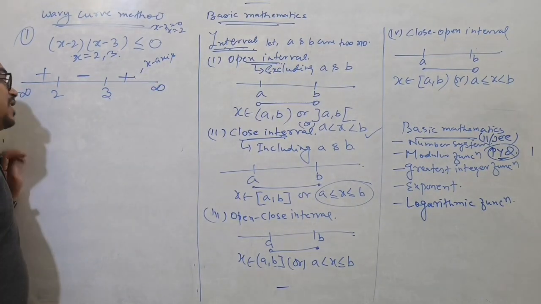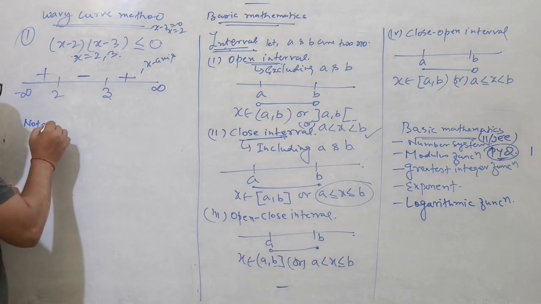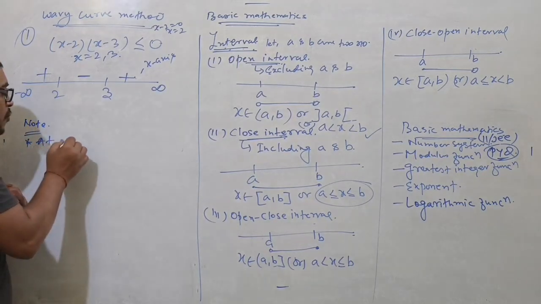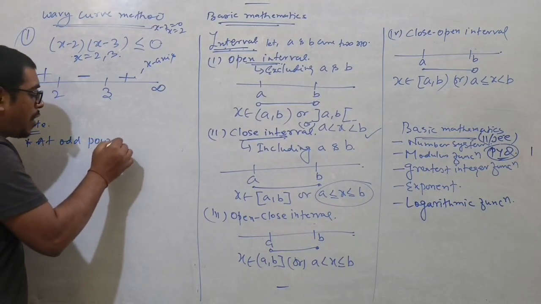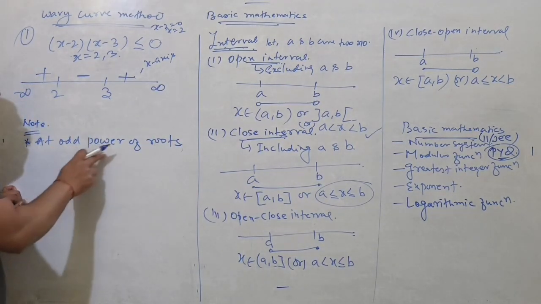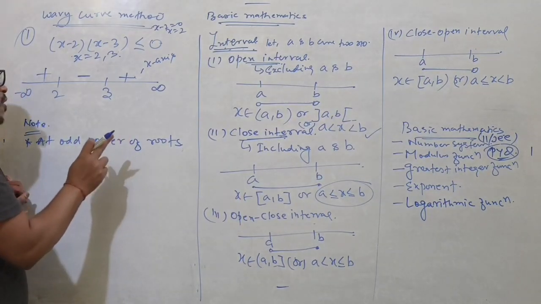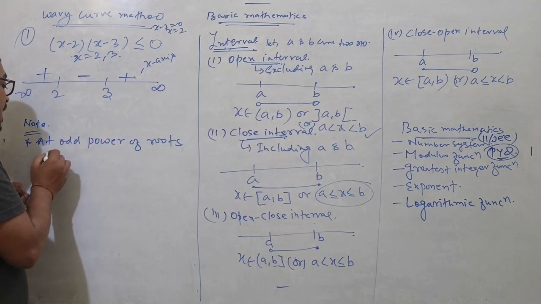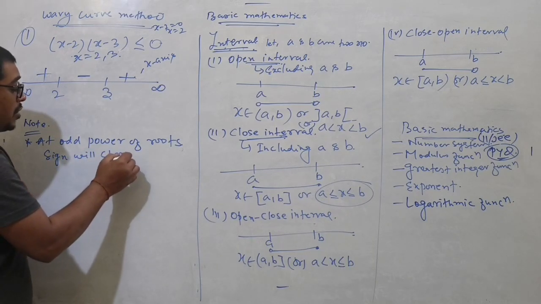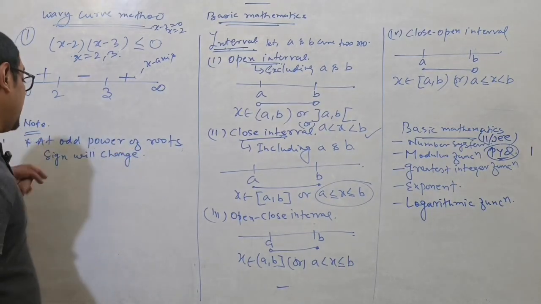Now what does the sign scheme say? You have to note down: at odd power of roots, the sign of the function will change.